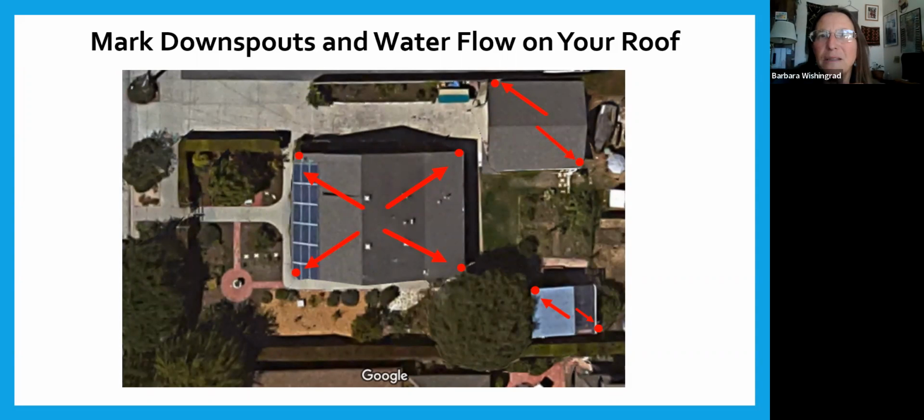By seeing the water flow, you're able to know how much of that water is going into each downspout, because you can calculate either by walking around the property or through Google Earth Pro what the square feet of that triangle is. Next.